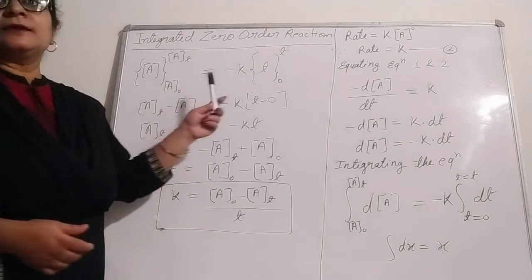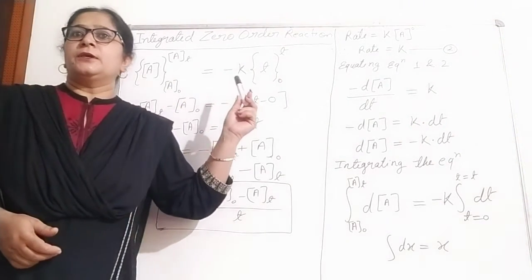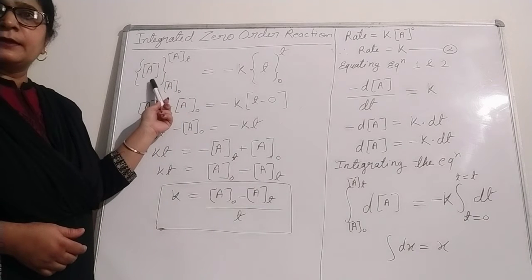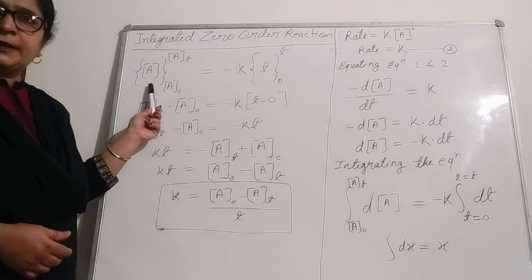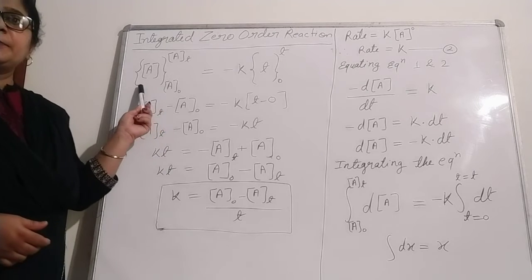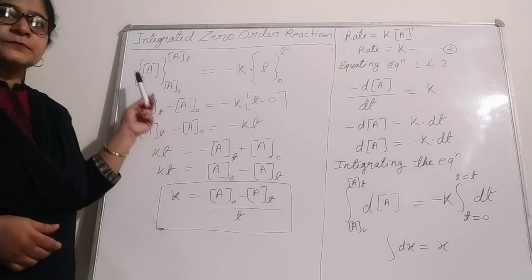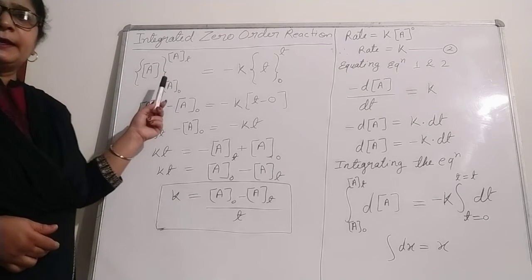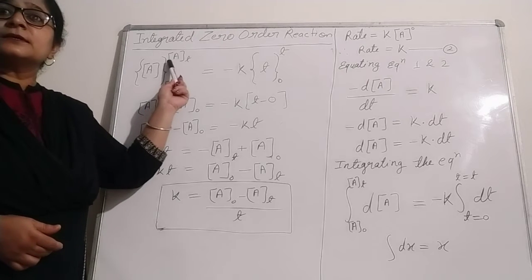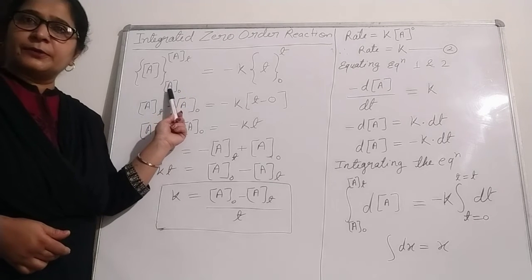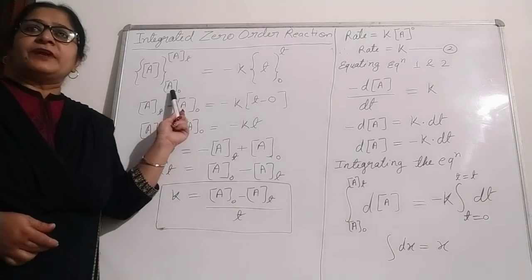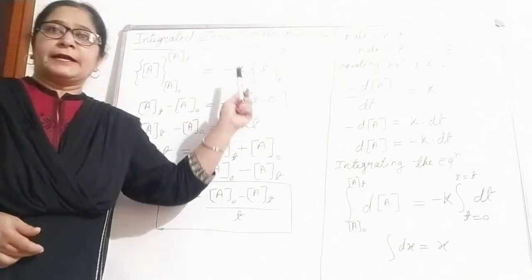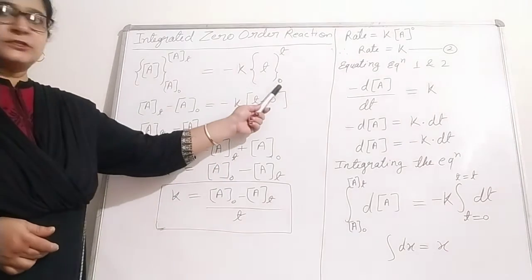similarly the integration of dA will be A, with the upper limit At, when time t is equal to t, and the lower limit A naught, when t is equal to 0.